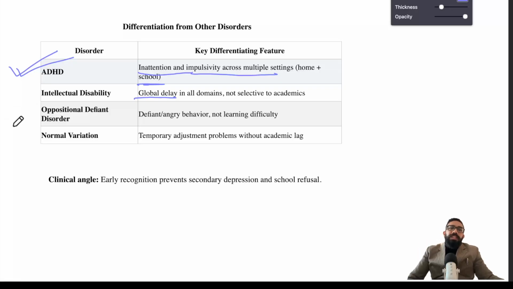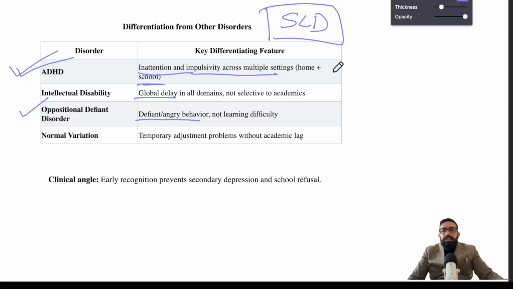If the answer is ODD, oppositional defiant disorder, they're going to have problems like angry behavior, etc. So remember this, everything is normal, just the problem is in the academics. Then you have to pick the option as SLD in the exams.